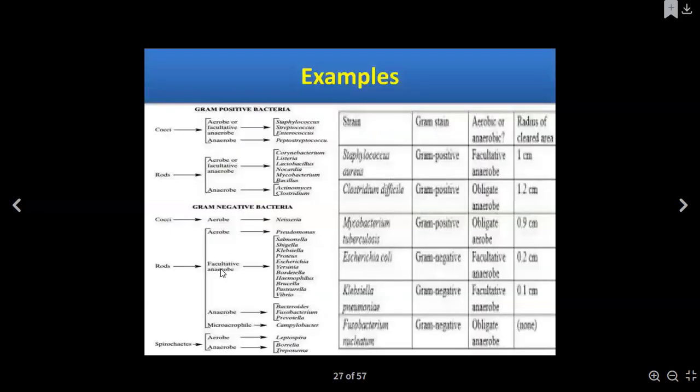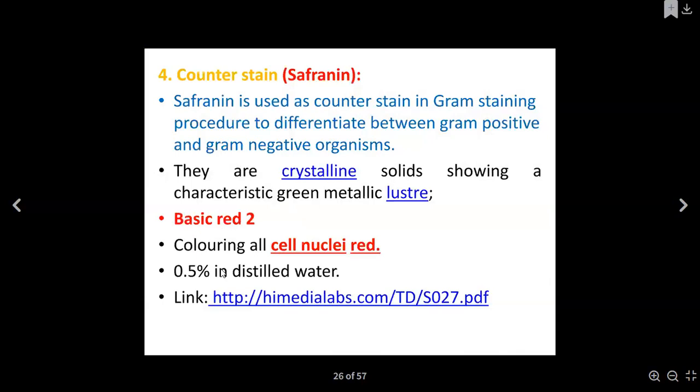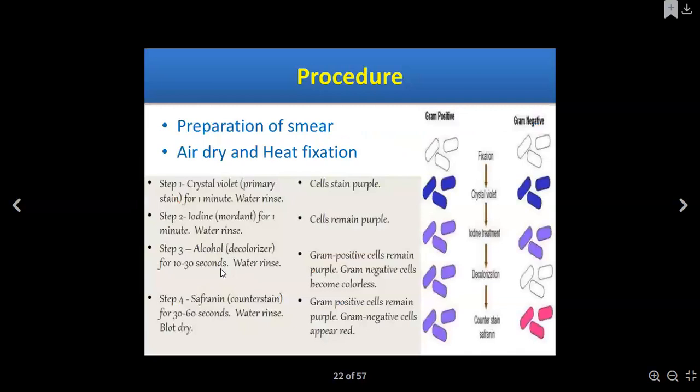So essentially, that is it for gram stain, and the other one that is there is acid fast stain.